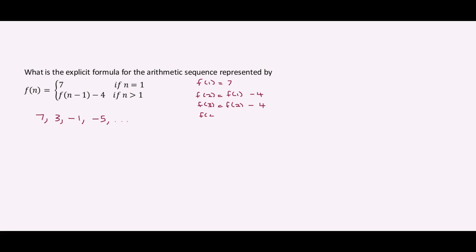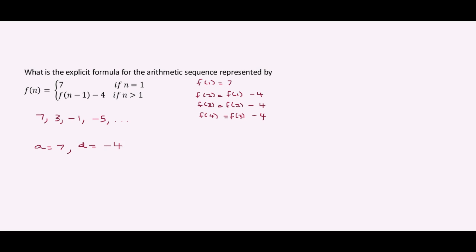And then f of 4 is f of 3 minus 4. So what we see here is our first term is equal to 7. Our common difference, we can see that what we're doing every time is we're subtracting 4. So d equal to negative 4.